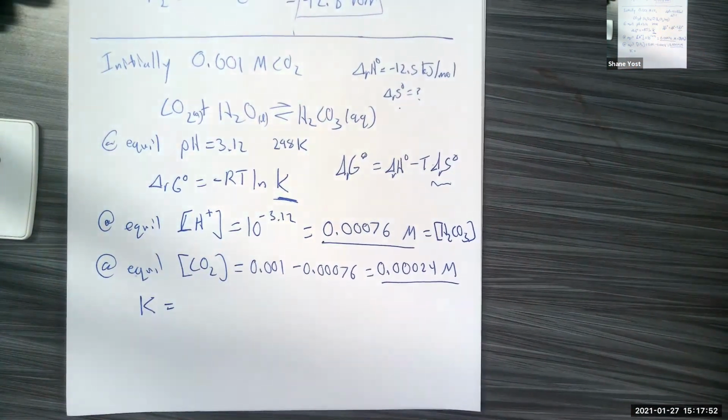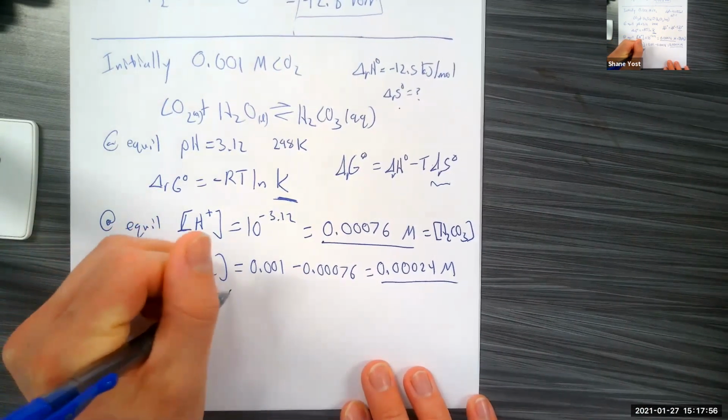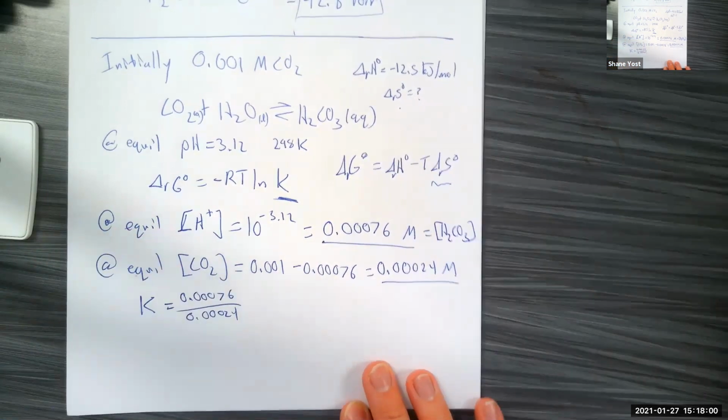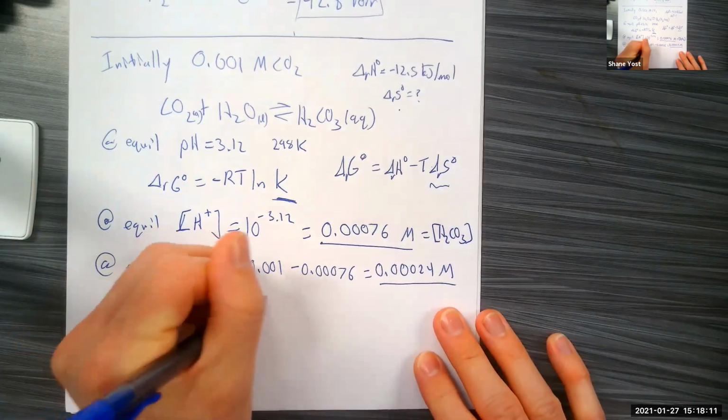Based on that, the equilibrium constant is just 0.00076 divided by 0.00024, or 76 divided by 24. This just gives us 3.17.